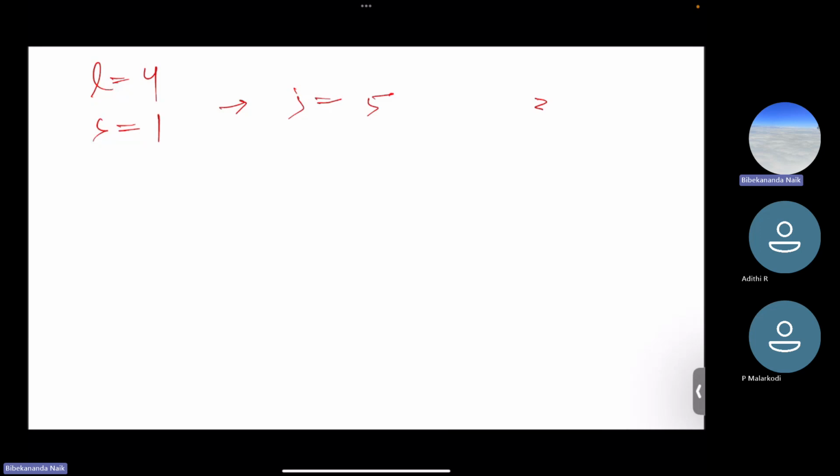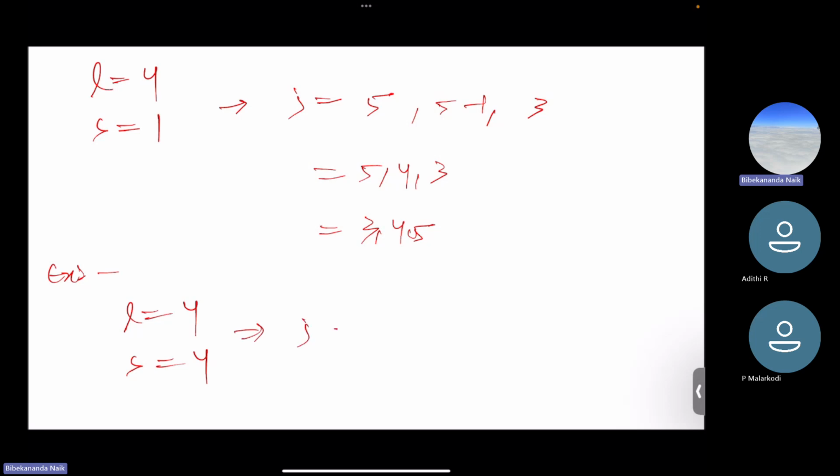So 5, 3, and there is another value. 5 minus 1 is also present here. So it will be 5, 4, and 3. Is this clear? So corresponding to L equal to 4 and S equal to 1, we have J values 3, 4, 5. Another example: suppose L equals 4 and S equals 4.